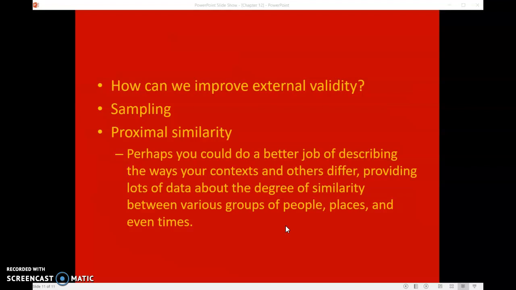That takes one, you doing a good job with your sampling, and two, you doing a good job of describing the situation that you're in.